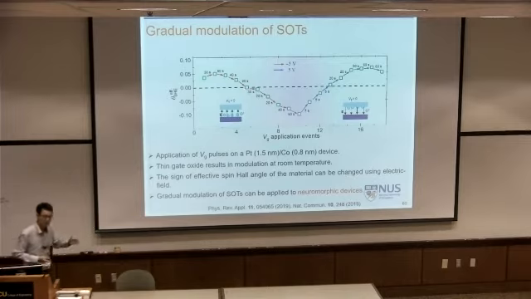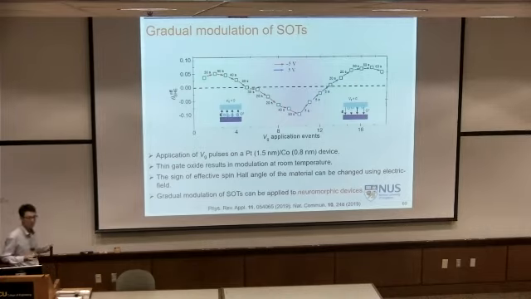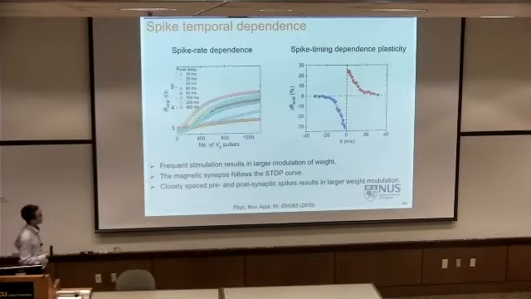So this is an analog operation, and whenever you see analog operation, there is another important keyword in our community, that is neuromorphic device. So we tried to use this phenomenon and show some interesting neuromorphic functions, and there is spike rate dependence. Depending on how many spikes you give to the device, you can increase your potential more rapidly. If you slowly give, you can slowly increase your potential. You can also depotentiate.